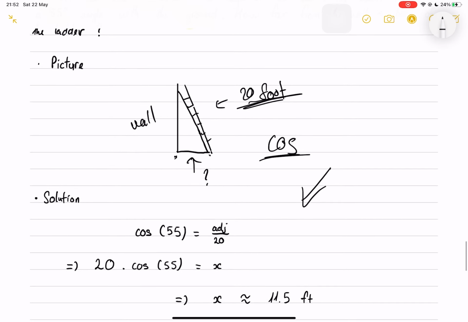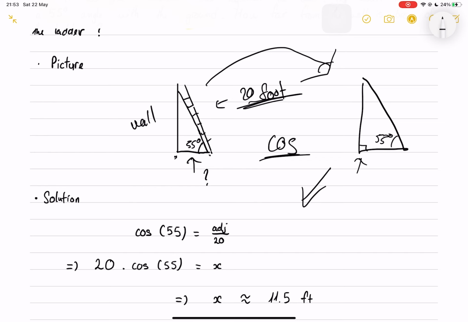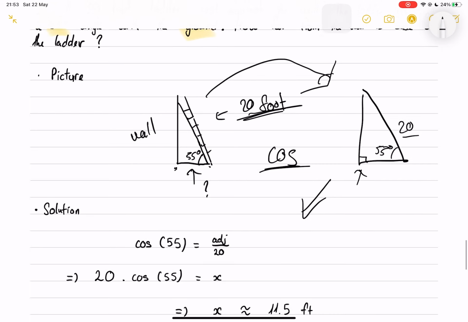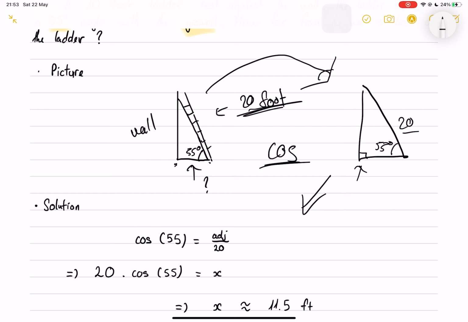Okay, so we have this angle as 55 and the 20-foot ladder, which in this case is a triangle. See? Wow, a triangle. 55 degrees here. This is perpendicular to the ground, by the way, of course. And a 20-foot ladder here, which, if you can see or figure out, this is cosine.